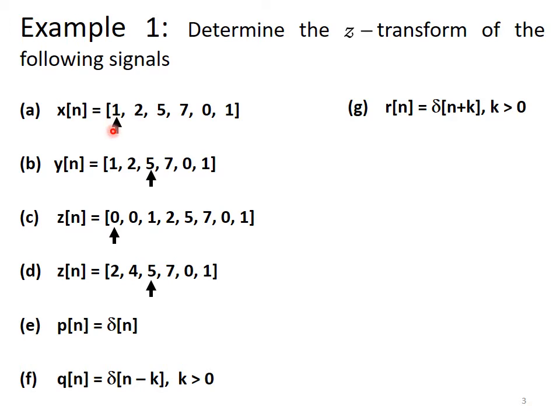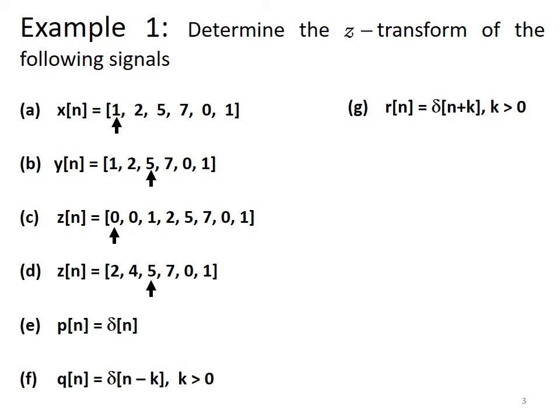So either n equal to 0 is mentioned by this arrow sign, or if there is no arrow in the sequence, it is understood that the first element is the n equal to 0 point. So let us find out the Z transform of each of these signals.